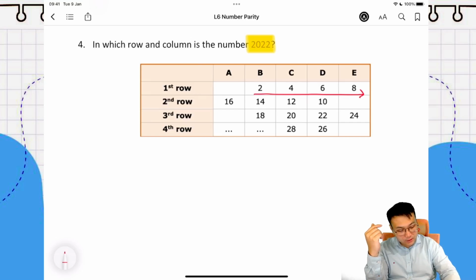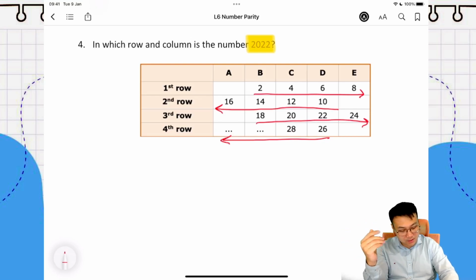In the second row, the numbers are getting bigger from right to left. 10, 12, 14, 16, from right to left. And then it goes from left to right again. Then it goes from right to left again. That means you have 30 here and 32 here.